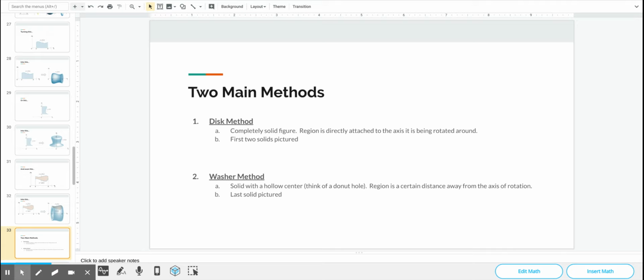It's a completely solid figure. And the washer method is going to be for a figure where there's a hole inside of it, so there's something you can look directly right on through it, almost like a hole you're looking through. Again, I'll explain why we're calling this disk and washer. I just want to sort of set this up a little bit.